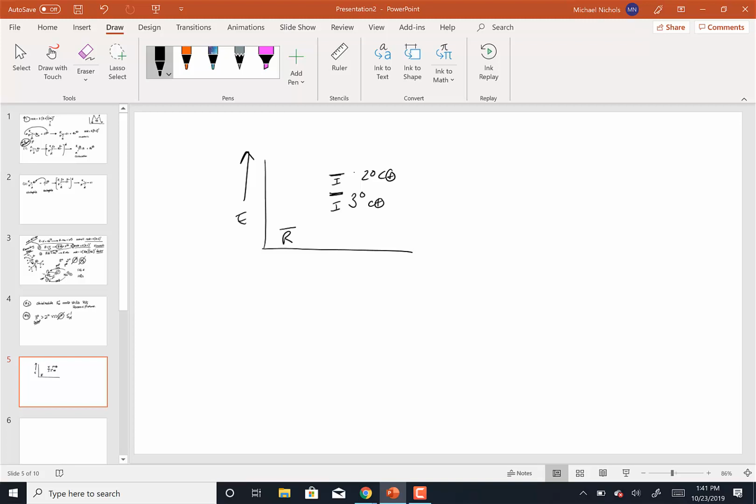So the issue here is why? Why would you form the more stable intermediate faster than the less stable intermediate? Or it takes less energy?